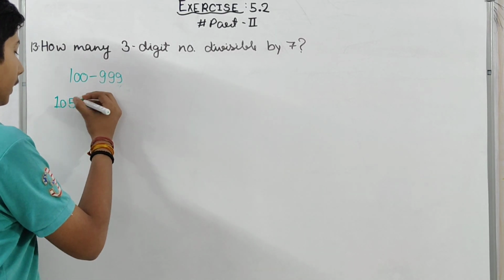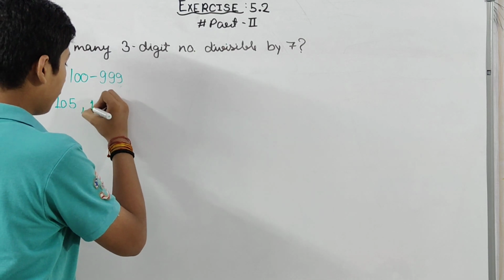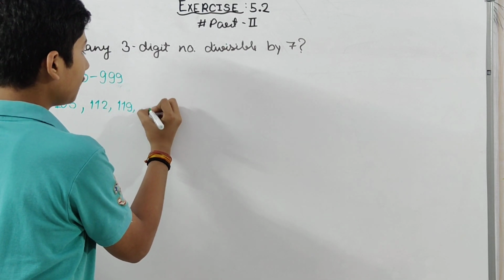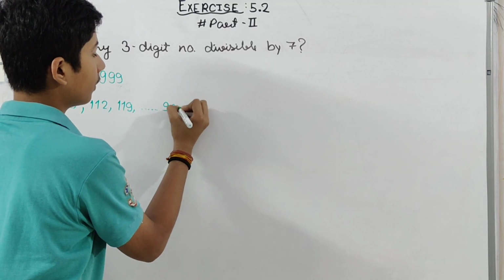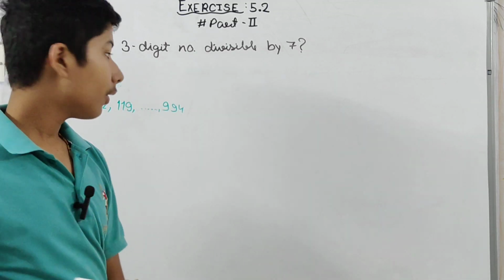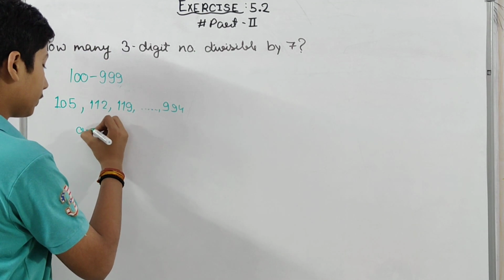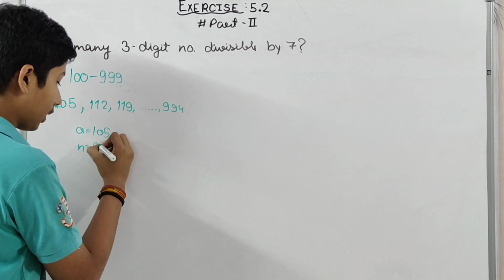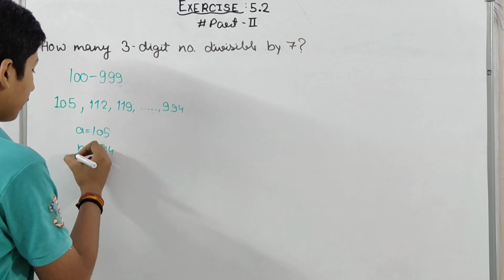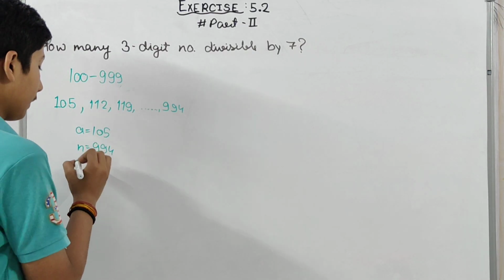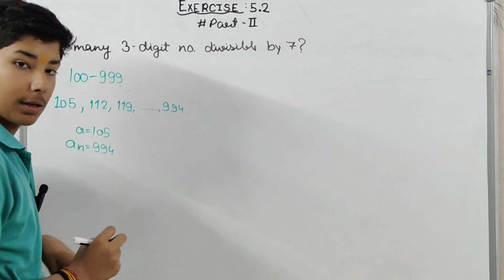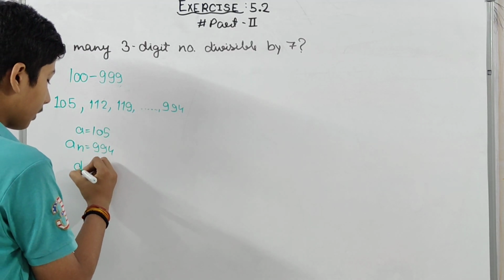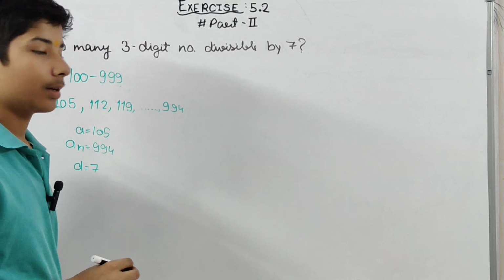So we have found the AP. The AP will be 105, 112, 119, and so on, continuing to 994. Now a equals 105, the nth term is 994, and we know the difference is obviously 7.